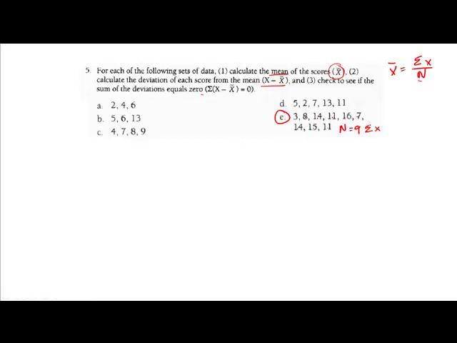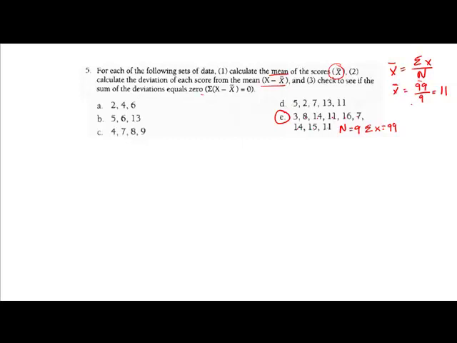And I'm going to type 3 plus 8 plus 14 plus 11 plus 16 plus 7 plus 14 plus 15 plus 11. It equals 99. So x bar equals 99 divided by 9 equals 11. Okay, so the mean of the scores, x bar, is 11.